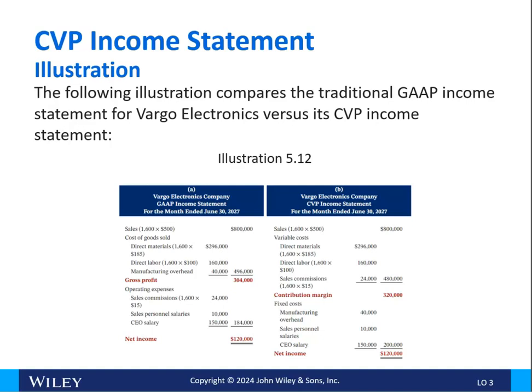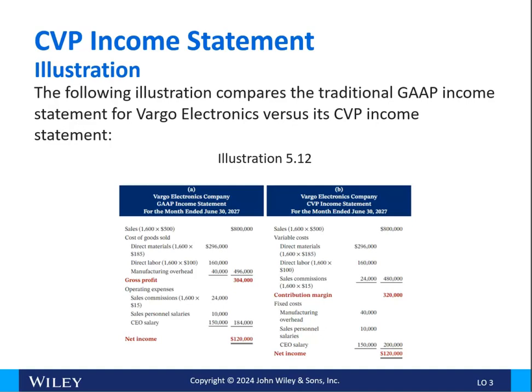You see at the top, sales are the same, $500 per unit at 1,600 units, $800,000. If we go down to the bottom where it says net income, it's 120,000 in both cases. Again, our net income is not going to change. It's just how we allocate the costs within the income statement to show it slightly differently.